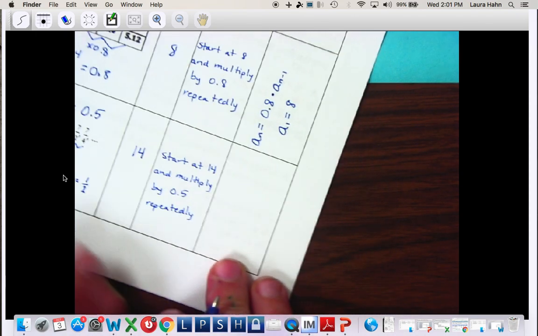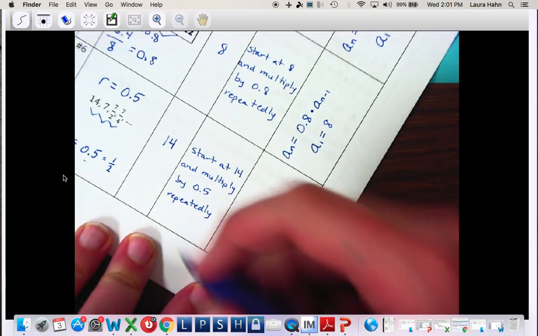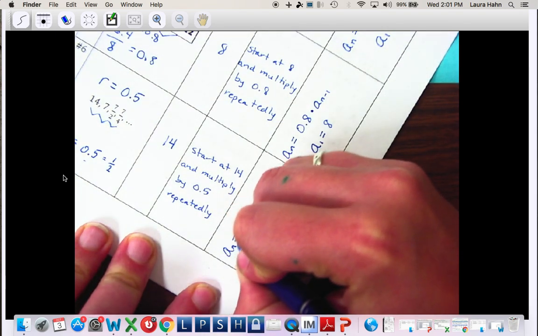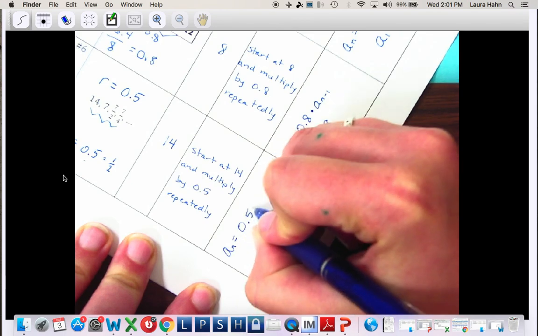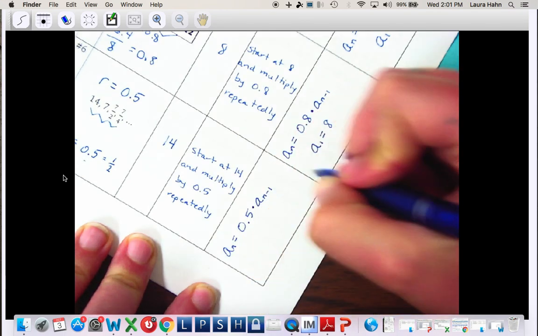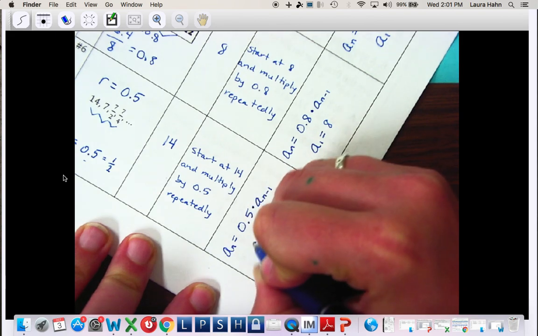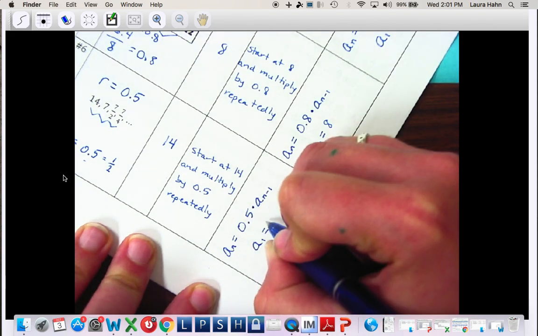Alright, so let's write our formula. To get our nth term, any term, our common ratio is 0.5, and you're going to take 0.5 and multiply by the previous term. We can't forget to put where we started, so our first term was 14.